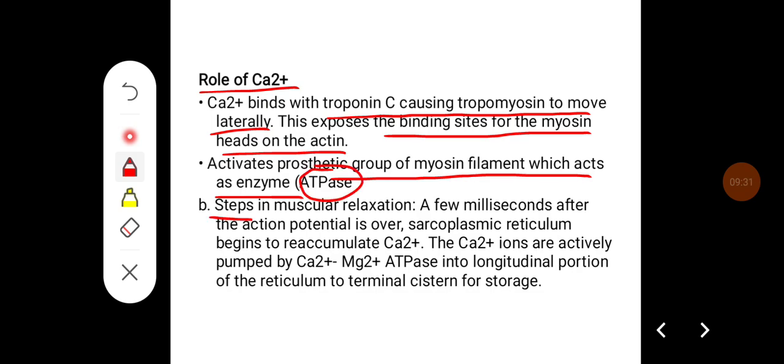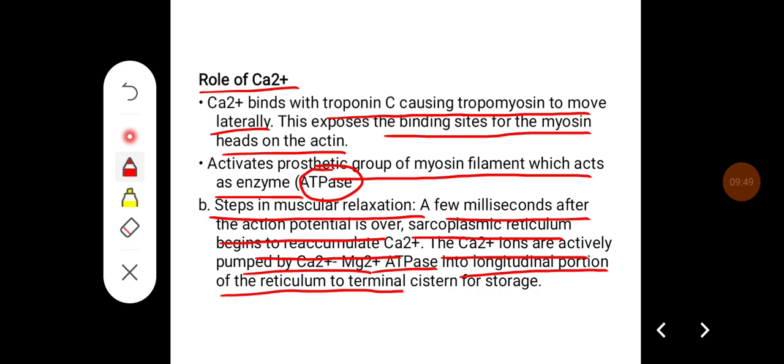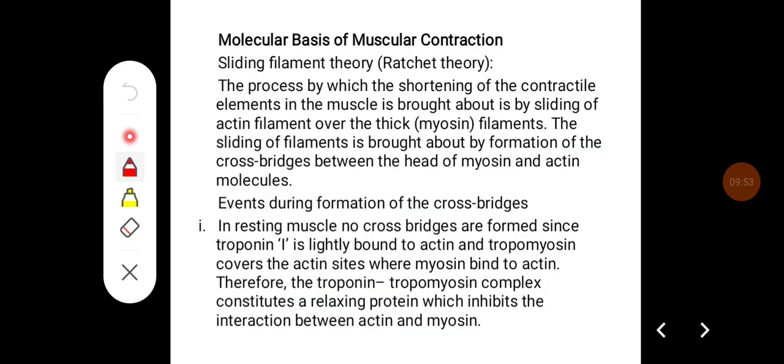It also helps in the steps of muscular relaxation. A few milliseconds after the action potential is over, the sarcoplasmic reticulum begins to reaccumulate calcium. The calcium ions are actively pumped by calcium magnesium ATPase into the longitudinal portion of the reticulum to the terminal cistern for storage.